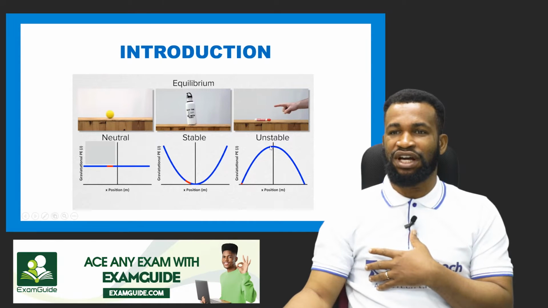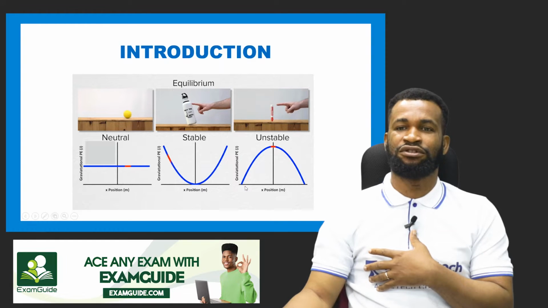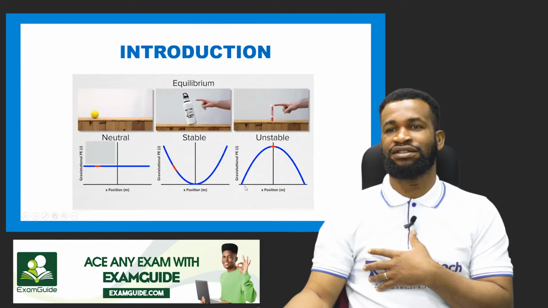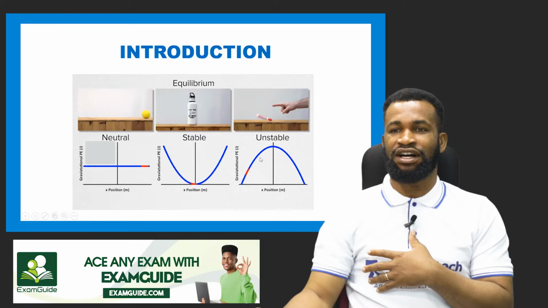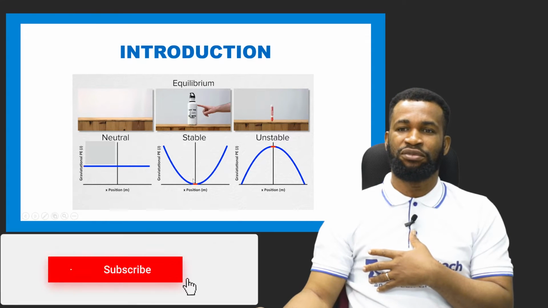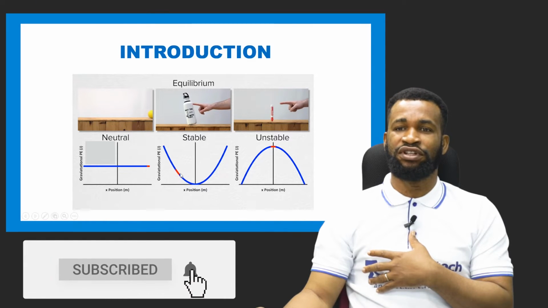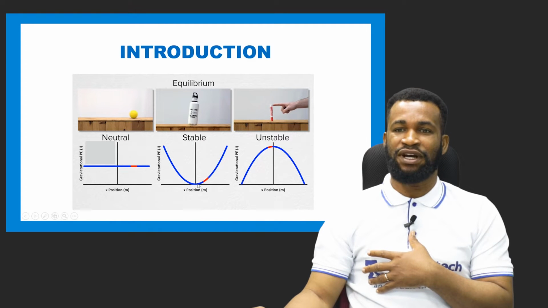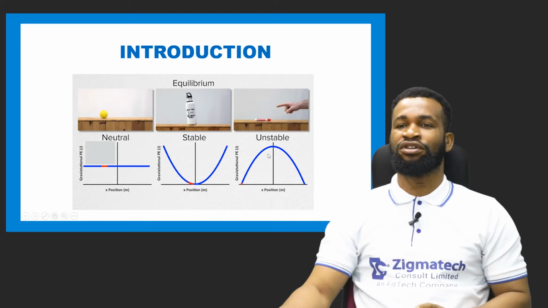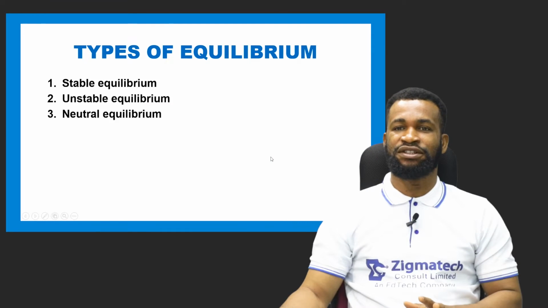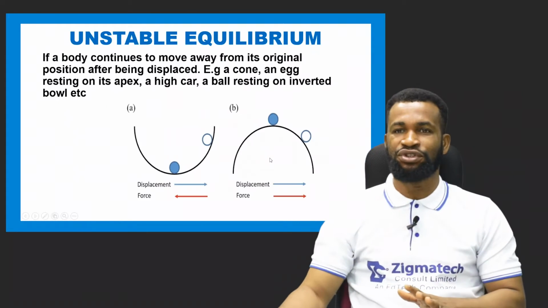Look at the position where it is at this point. When it was pushed, it fell down, and comes back to this zero. But see this one, when you push it, it will go there and increases, and comes back to this point. So this is called unstable equilibrium. That means for any little push, it falls.